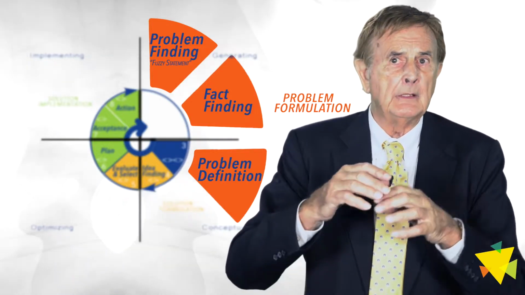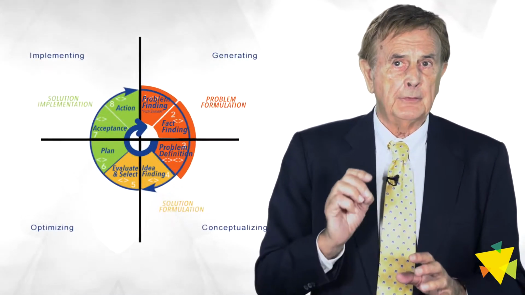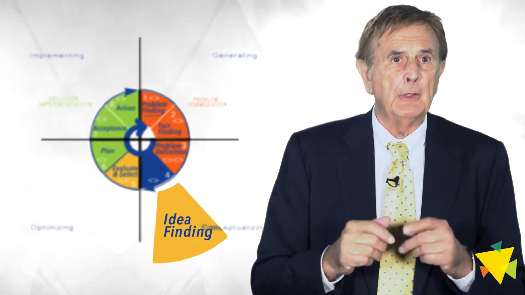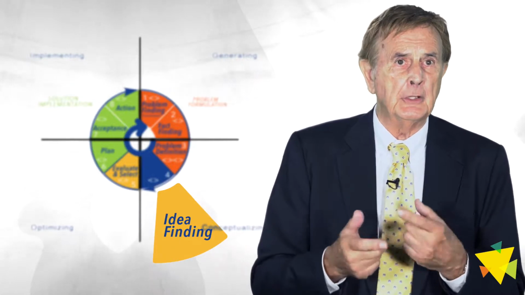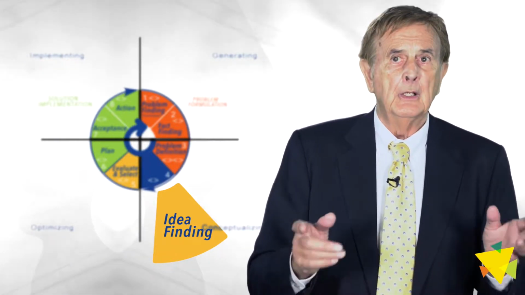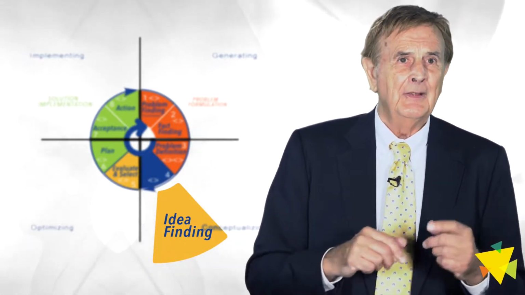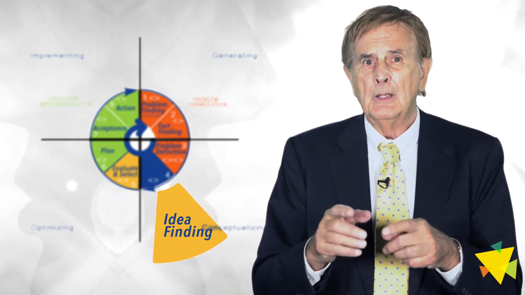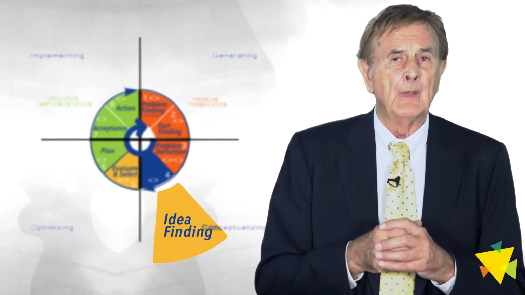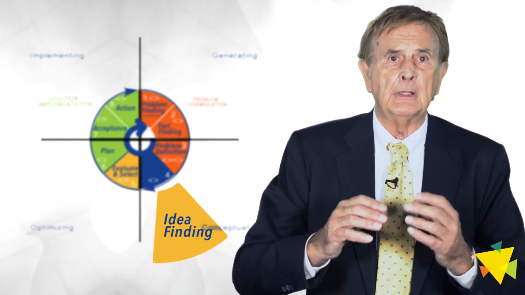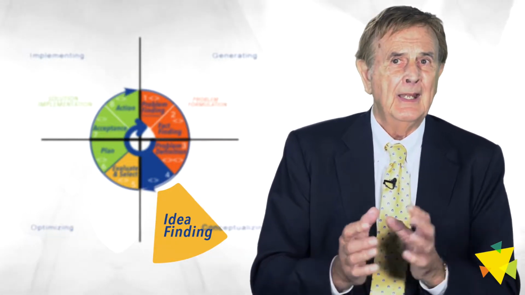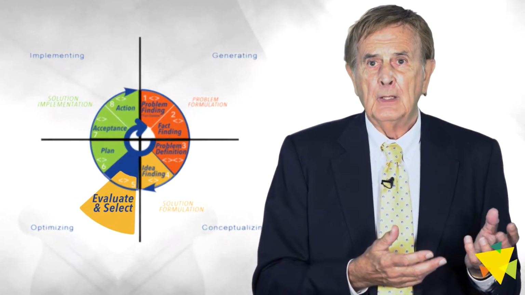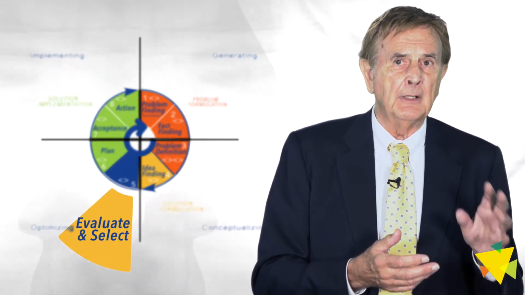And now we're ready to move on to the 4th step, which is part of solution formulation. In the 4th step, we call it idea finding, and this is where we start generating potential solutions to that problem. And often for us, that's easier than the first 3, because once you've got a good beat on what you're trying to do, the solutions can come a lot faster and quicker. And so step 4 is basically, let's get some solutions, as many as we can, and pick some of the very best ones, which moves us into step 5, which is called evaluation and selection.